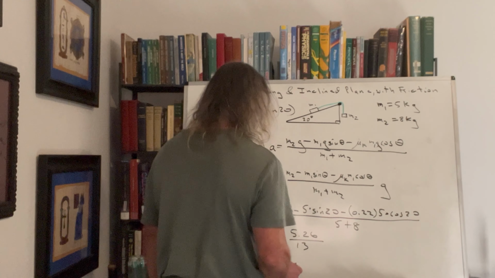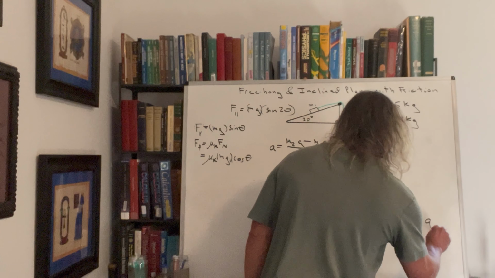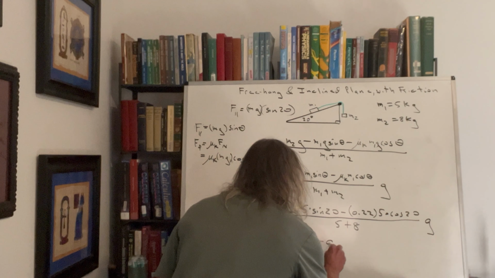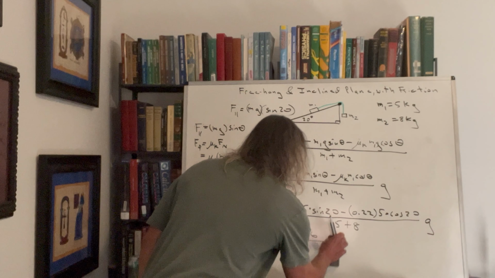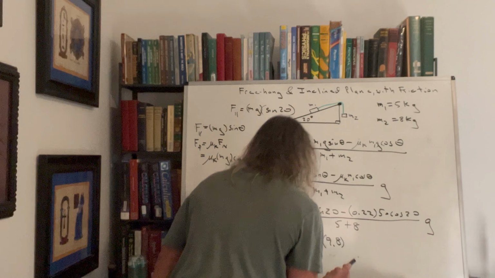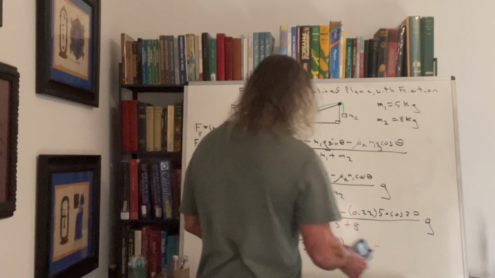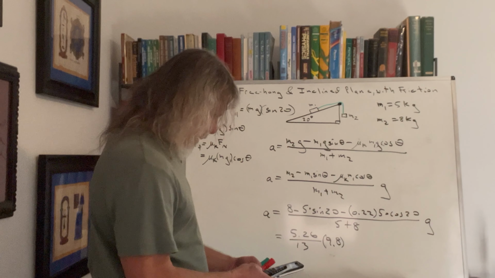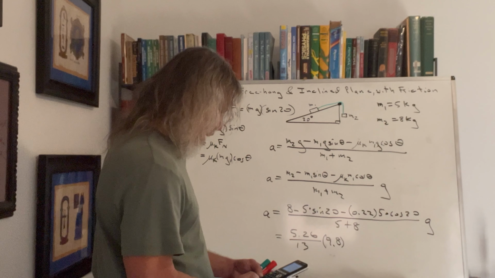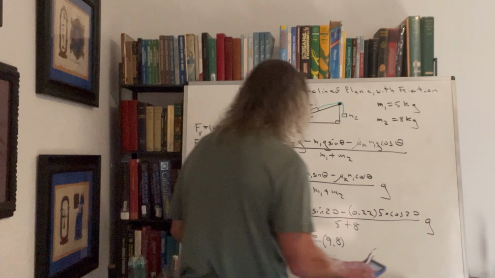And then times G. I was wondering, it seemed weird. 0.404, it can't be. What's going on? What did I forget? Forgot the 9.8. So now times 9.8, 3.96, that sounds better.